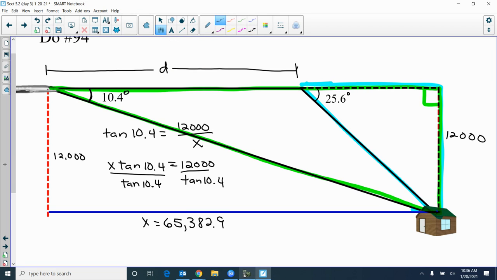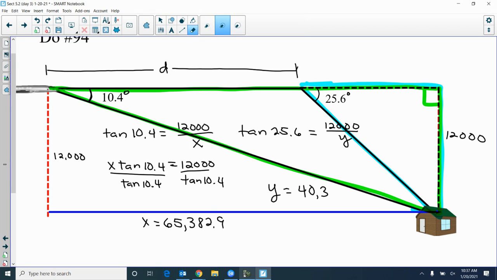Okay, so you're going to get 12,000 divided by tangent of 25.6, because tangent of 25.6 is going to equal opposite, which is 12,000, over y. And what'd you get for that value? 40,336. That's the wrong value. 25,045.9. Hold on. What was it? 25,045.9.